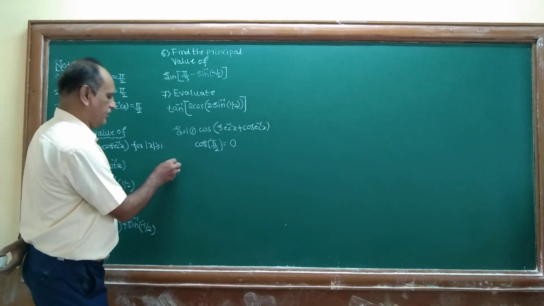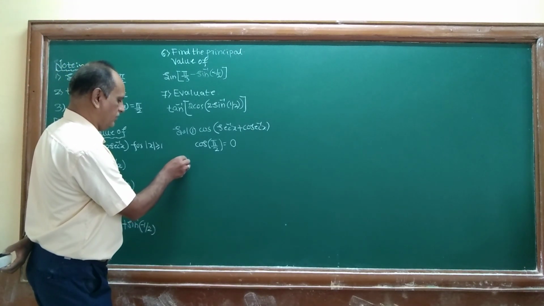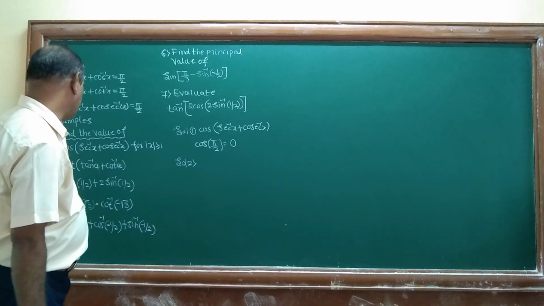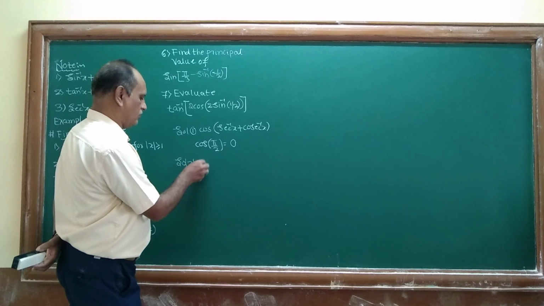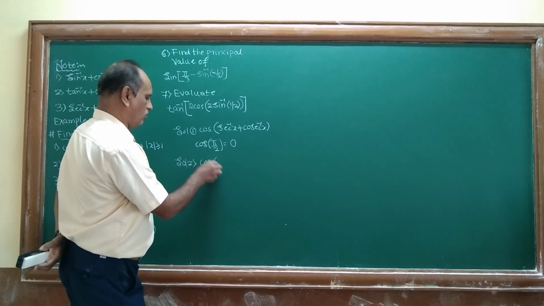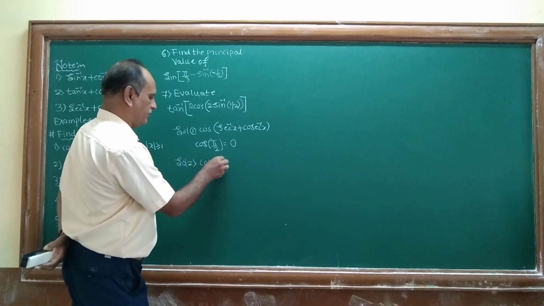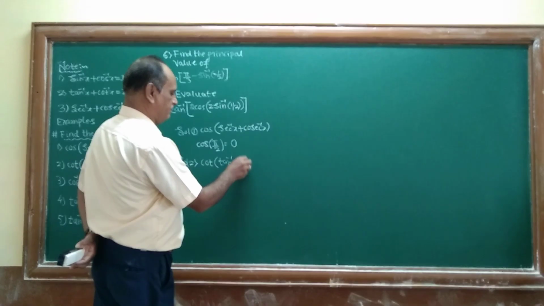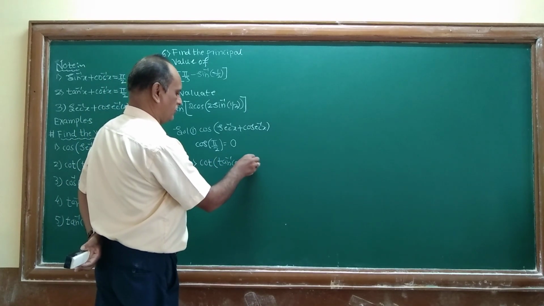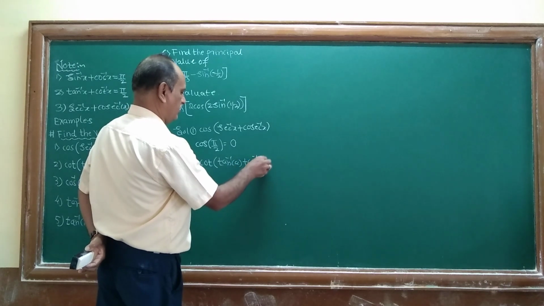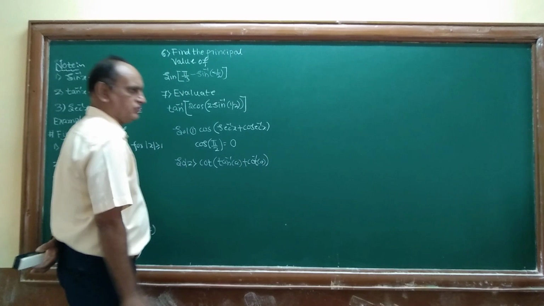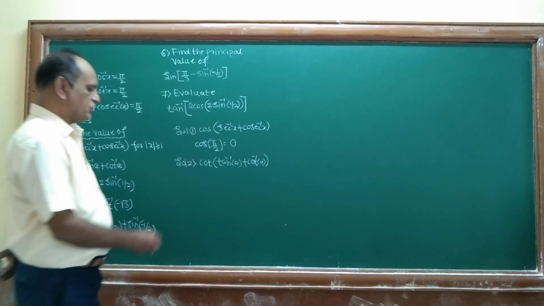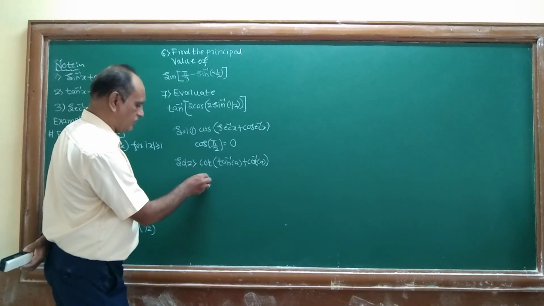Then come to the solution for the second problem. On the same line, cot of tan inverse a plus cot inverse a, you have to find the value of this inverse trigonometric expression. Keep cot as it is.